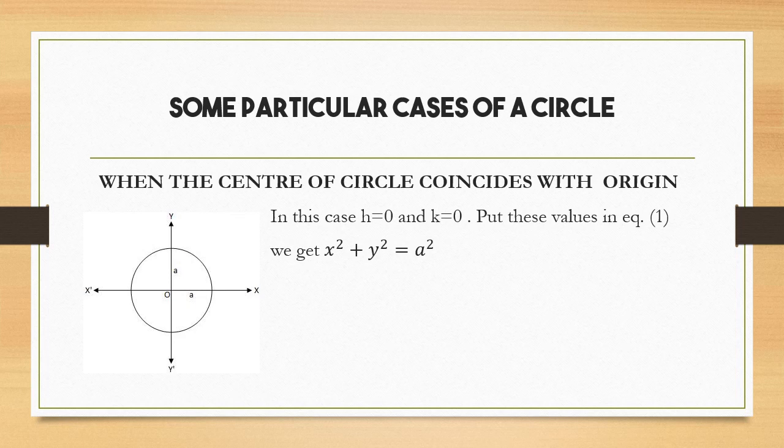So I will put h = 0, k = 0 in equation 1. Now you may ask, what is equation 1? We all know equation 1 is (x minus h) the whole square plus (y minus k) the whole square equal to a square. Therefore, if h is 0 and k is 0, equation 1 becomes x square plus y square equal to a square.